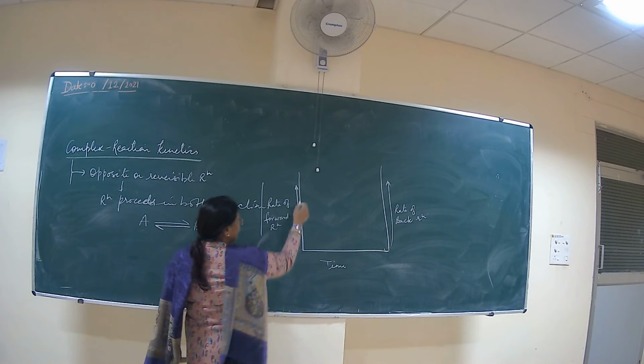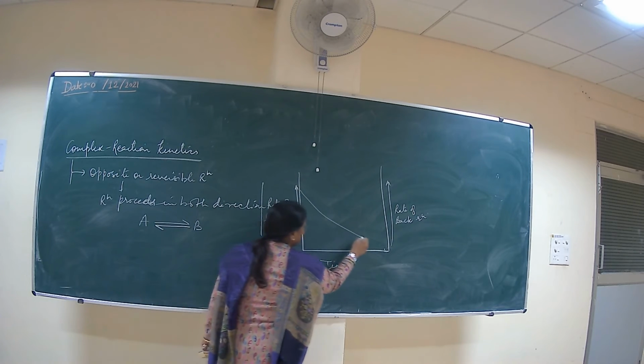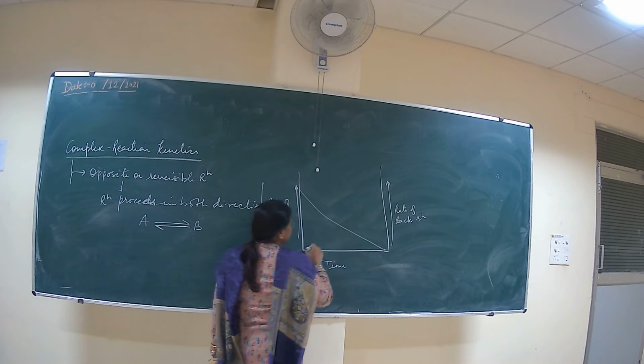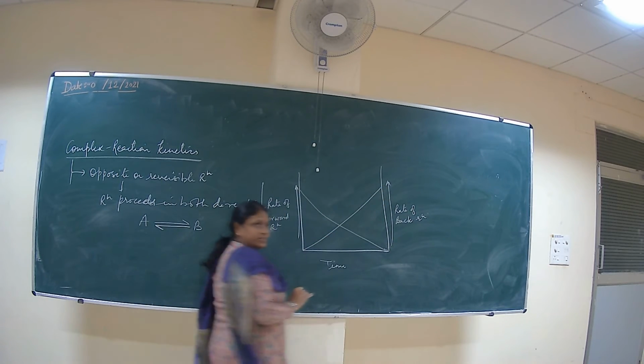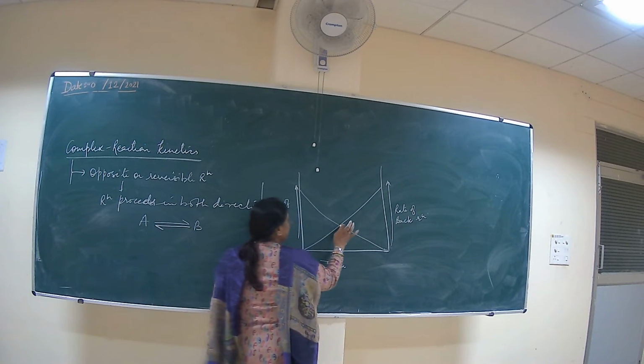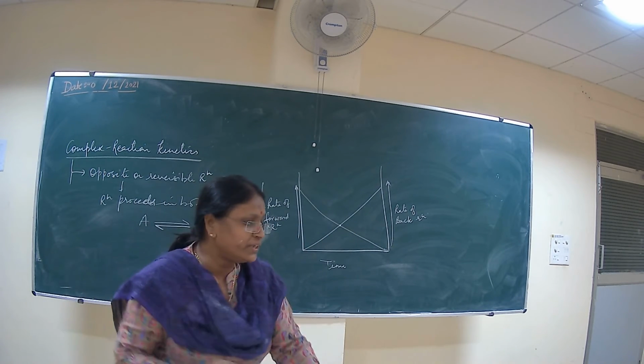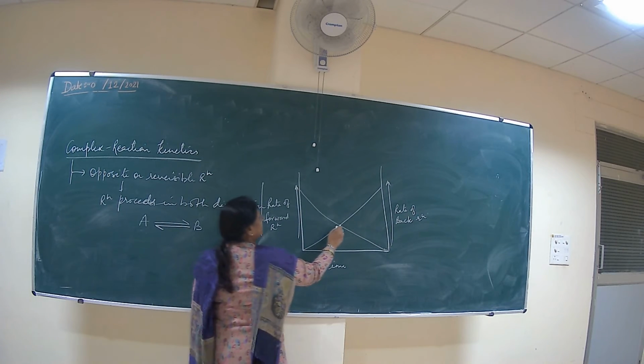So as the time progresses, time increases, the rate of forward reaction decreases. Okay, and as the time increases, the rate of backward reaction increases. So there is a point when both the rates meet, and this point is the equilibrium point.